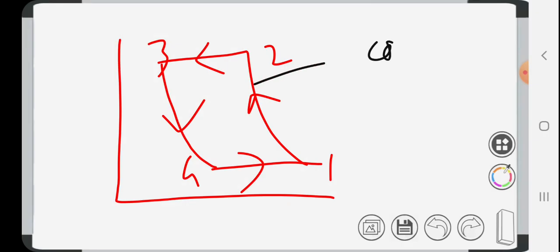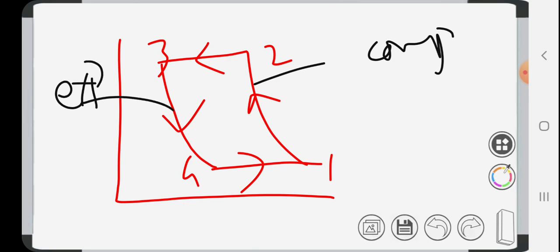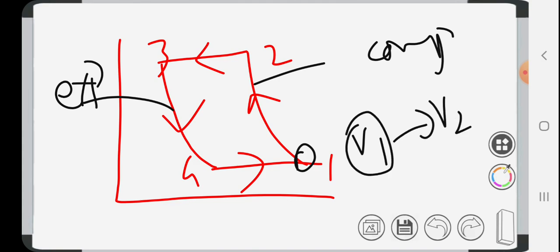This one is the compressor. This one is the expander. So piston displacement of the compressor means how much volume should be compressed. The volume corresponding to V1, V1 amount of volume should be compressed to V2. So if you find V1, the piston displacement will be around V1.